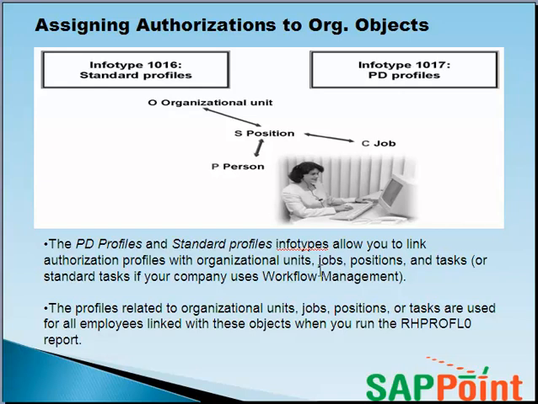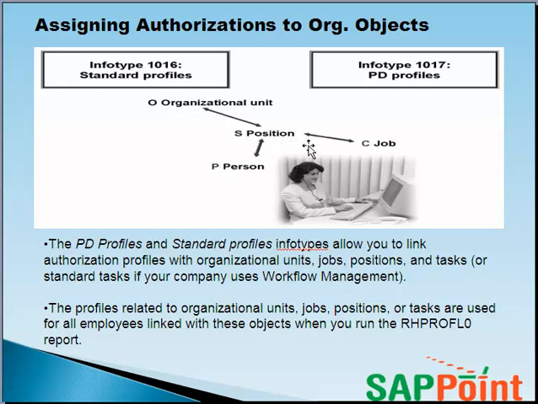Now the info type 1017. In this info type, that is for PD profiles, you specify the structure authorization profile that you want to relate to a task or a job or a position or an org unit. And we have seen this in the demo.